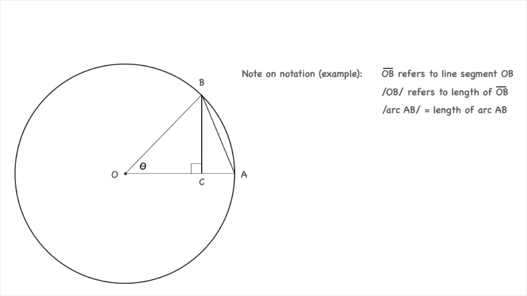OB bracketed by a pair of forward slashes refers to the length of line segment OB. Arc AB bracketed by a pair of forward slashes refers to the length of arc AB. However, when I refer to these terms as they appear on a slide, for the sake of brevity, I will simply say OB, for example, instead of the length of line segment OB.